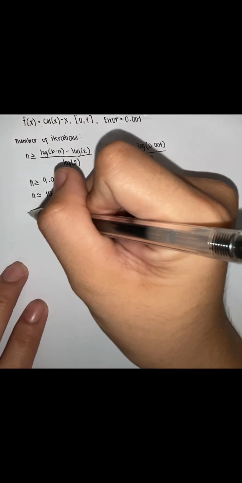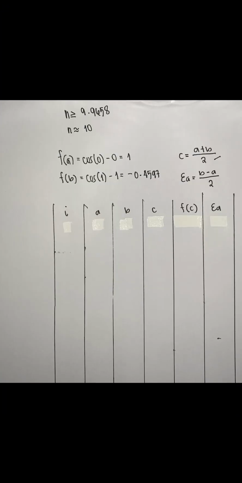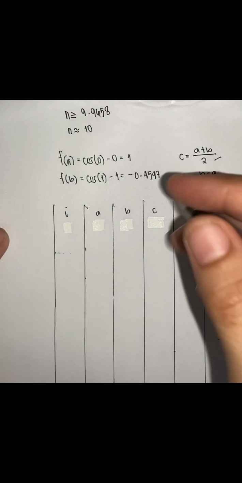For our f(a), cos 0 minus 0 is equal to 1, and for the f(b), cos 1 minus 1 is equal to negative 0.4597.